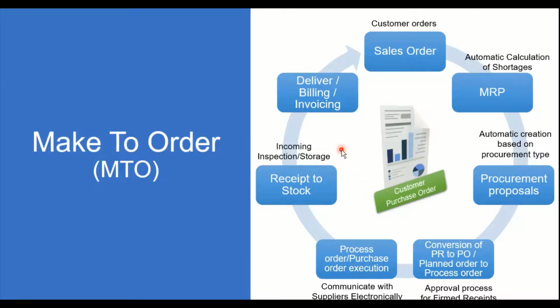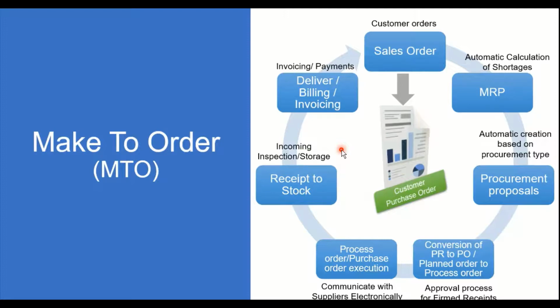So now the sales order is going to read the customer purchase order every time, right? Since it has been tagged inside the sales order, the purchase order number that the customer has provided us is going to be fed in SAP in this particular sales order.